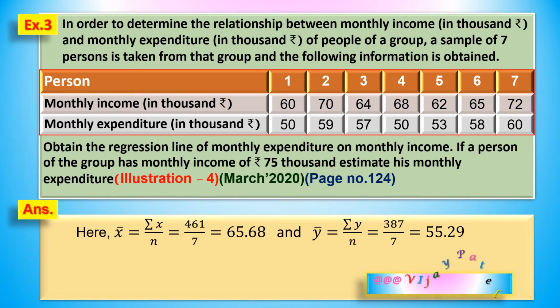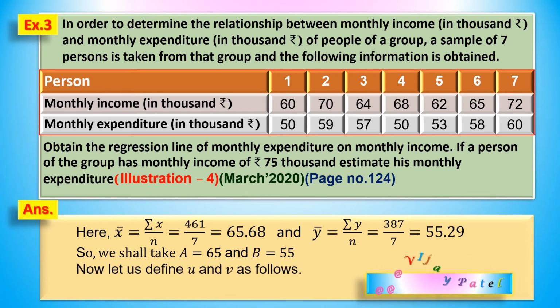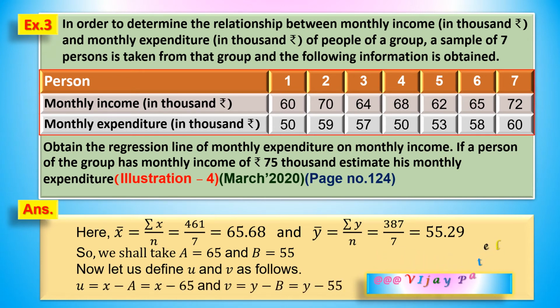So first we define the new variables u and v as follows by taking a is equal to 65 and b is equal to 55. So now let us define u and v as follows. U is equal to x minus a is equal to x minus 65, and v is equal to y minus b is equal to y minus 55.